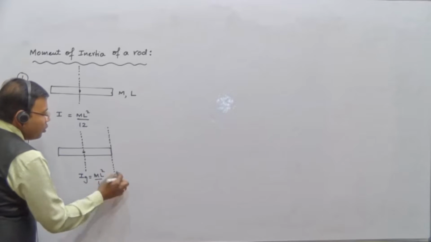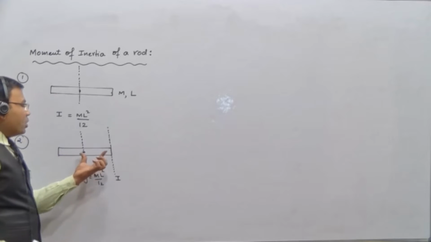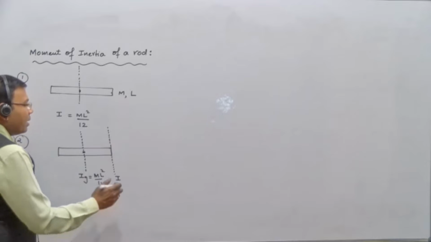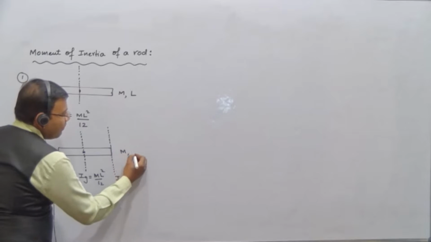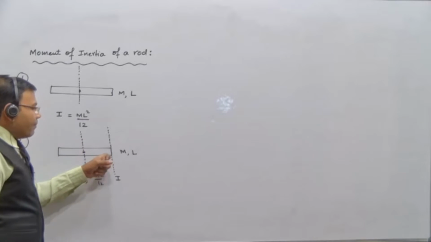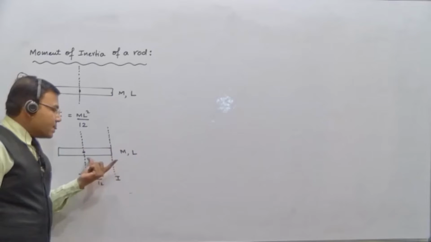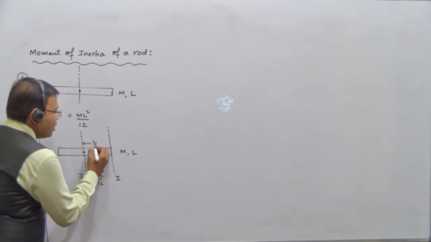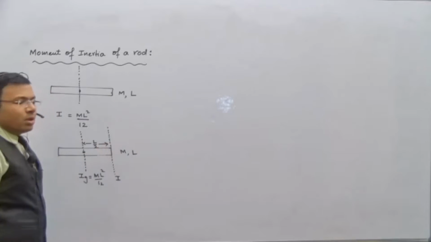I want the moment of inertia about this axis. These two are parallel axes. Again, the mass of the rod is M and the length is L. What is the distance between these two axes? From here to here, it is L by 2.